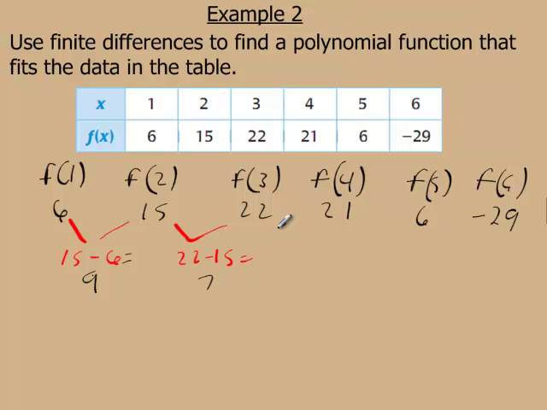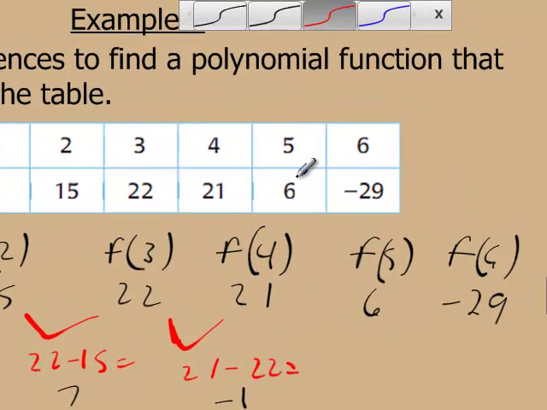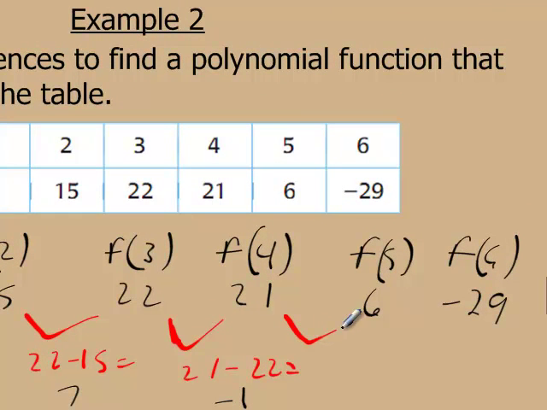And then 22 and 21. So I'm going to say 21 minus 22, which equals -1. We do want to include the signs. And then 21 and 6.